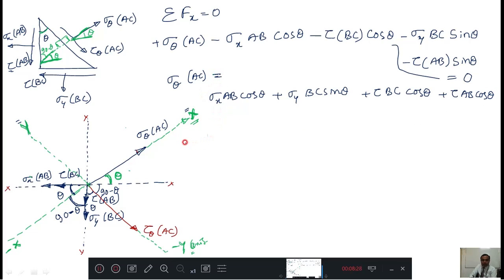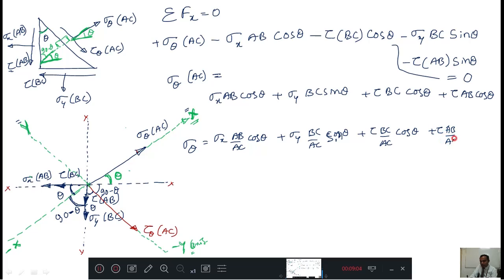Now sigma theta I will keep as it is, AC I will send to that side, then sigma x AB by AC cos theta plus sigma y BC by AC sin theta plus tau BC by AC cos theta plus tau AB by AC cos theta.